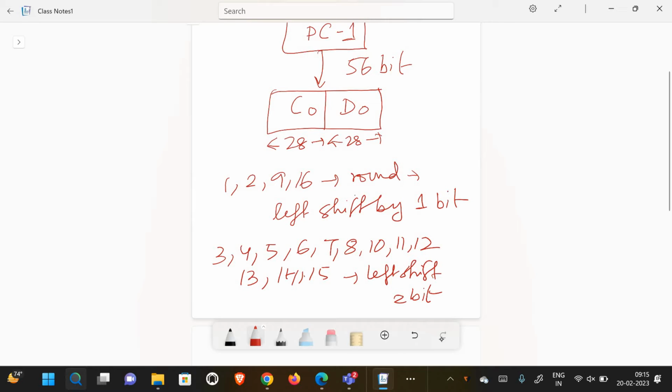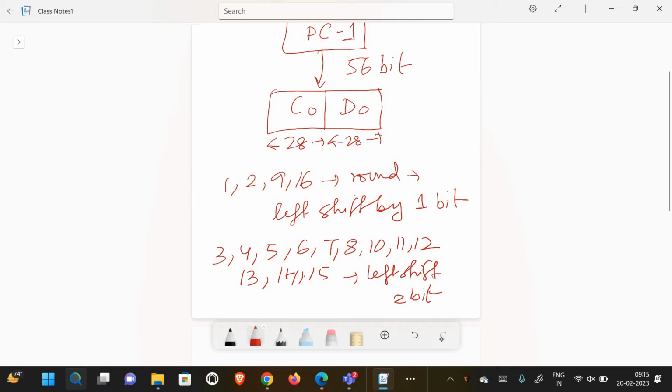This is after we have developed a 56-bit, we have to convert that back to a 48-bit. For that, we are trying to make sure that there is a round shift happening with respect to C0 and D0. This is what we call the process involving shifting, just to make the randomized element.